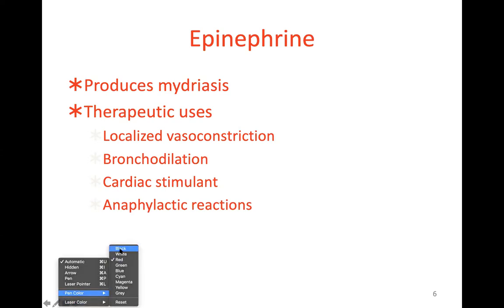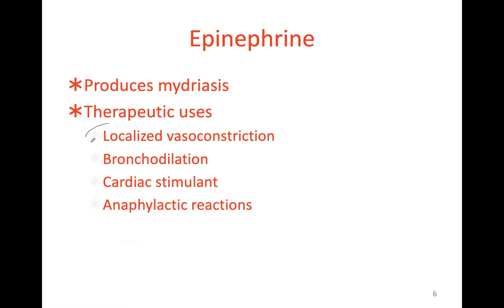And so one of the things is localized vasoconstriction, okay? One of the things that they will do is when you go to the dentist and they're going to fill a tooth, for example, they add epinephrine to the local anesthetic they're going to inject.